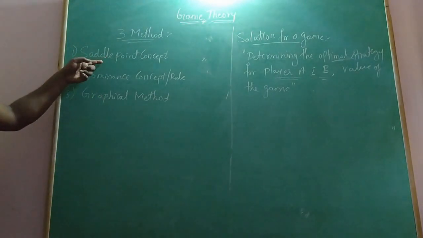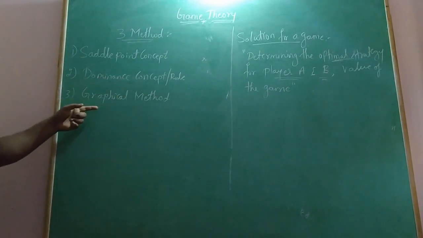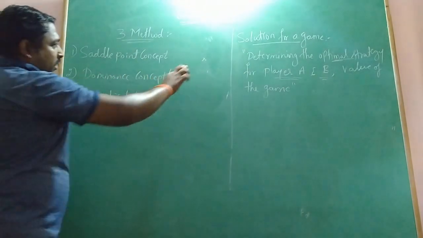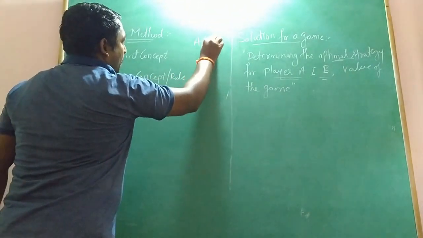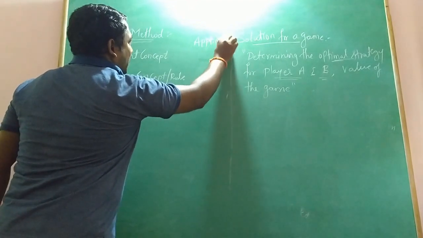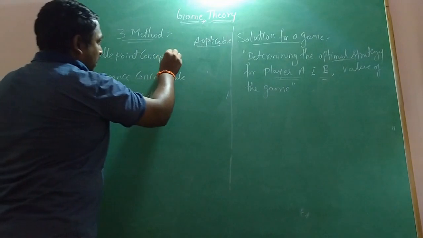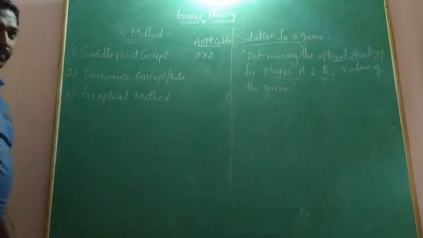The first method is the saddle point concept. The second one is the dominance concept. The third one is the graphical method. The saddle point concept is applicable for a payoff matrix of order 2 cross 2.